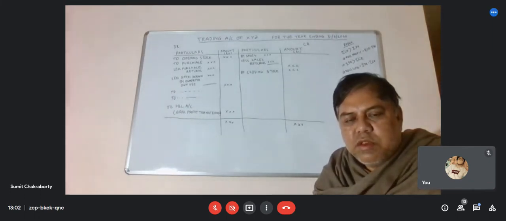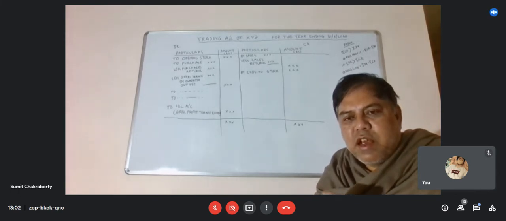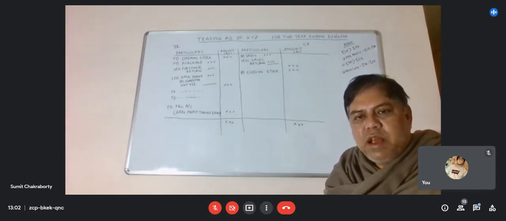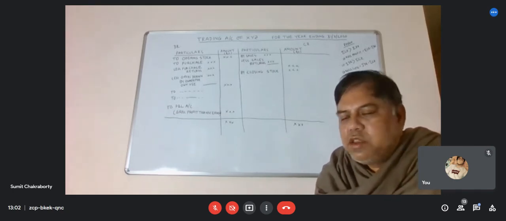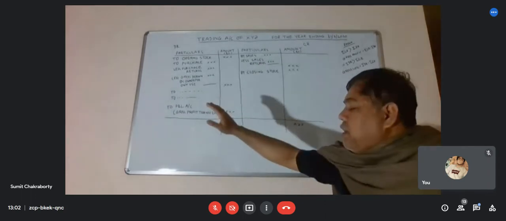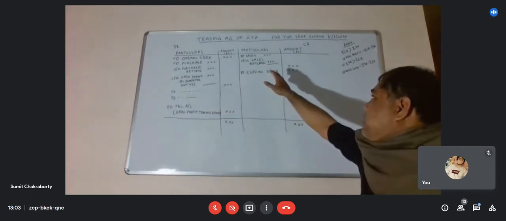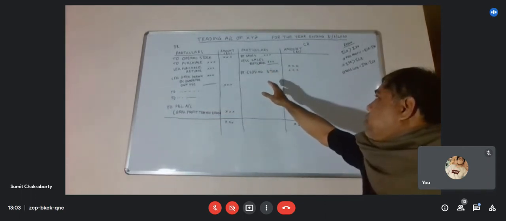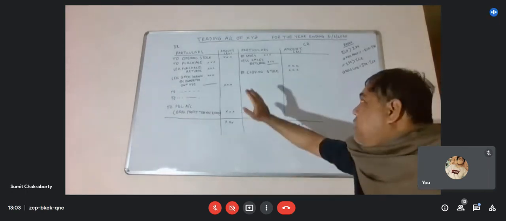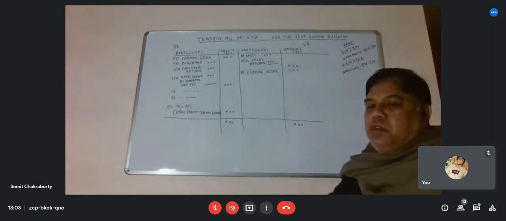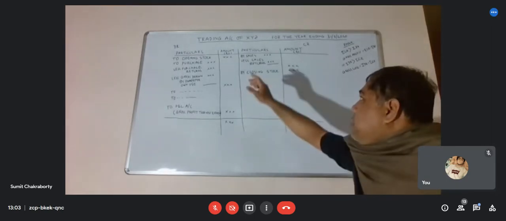Only direct costs for manufacturing and for buying and selling come to the trading account on the debit side. And only sales minus sales return and closing stock should be on the credit side. Nothing else. No other revenues should be on the credit side of the trading account.